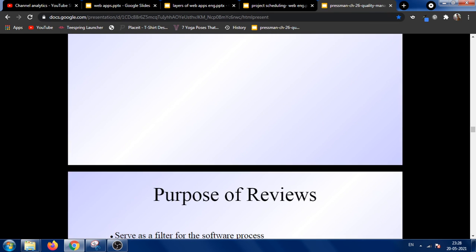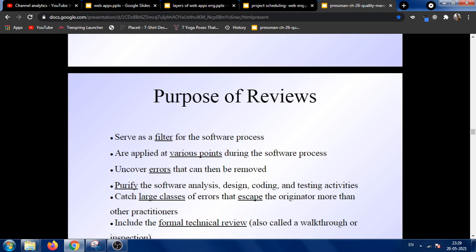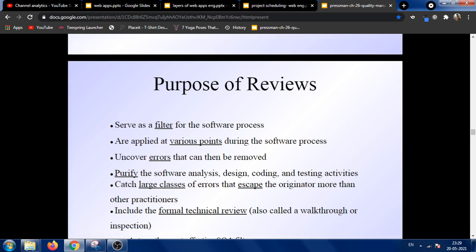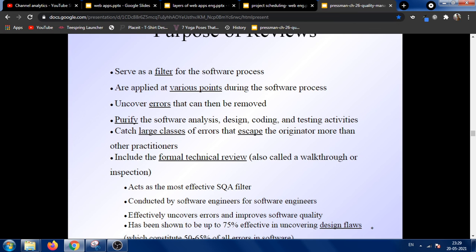And finally, the reviews. The reviews are the filters, which help to improve the software process. At various points the reviews are applied, errors are found, and improvements can be made, and the software can be refined, whether in design, analysis, coding, or testing activities.